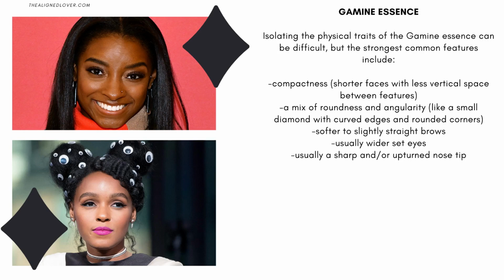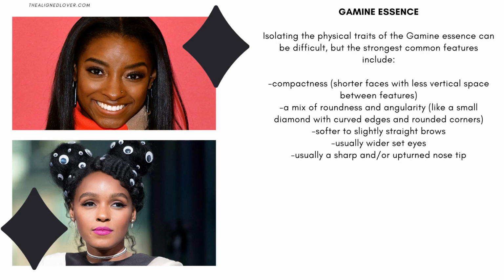For the Gamine, what I find is that they have a sense of compactness in their face, a shorter face with less vertical space between features overall, so their facial features take up a good amount of their facial space. Their face and their features have a mix of roundness and angularity, broad contours, with sometimes curved edges, sometimes slightly squared-off edges, not extremely sharp edges, I find.